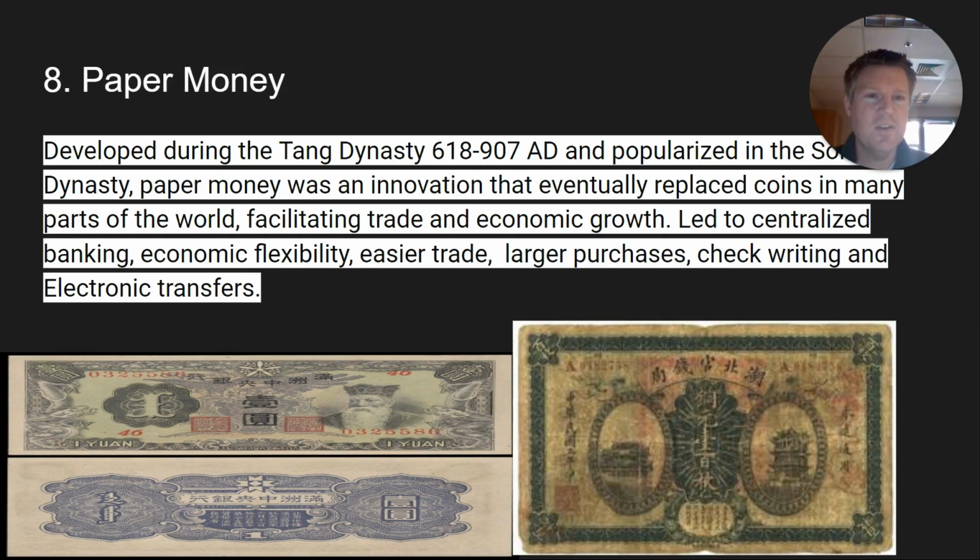Think about today, if you want to buy a car or a house, you're not going to carry the silver coinage to buy that car or that house. You're just going to write a check from your bank account. And that's what this early paper money leads to. It leads to centralized banking, because for there to be paper money, there has to be a central power that backs the value of that money.